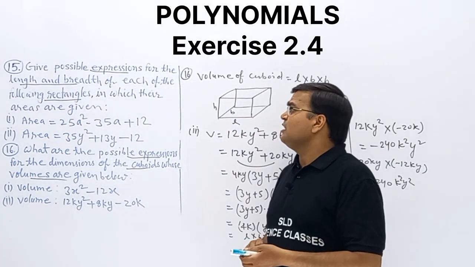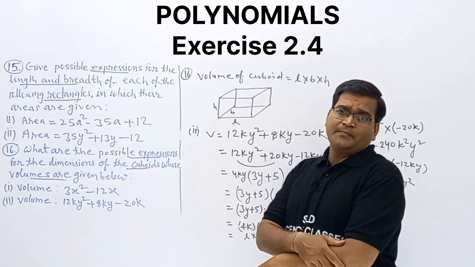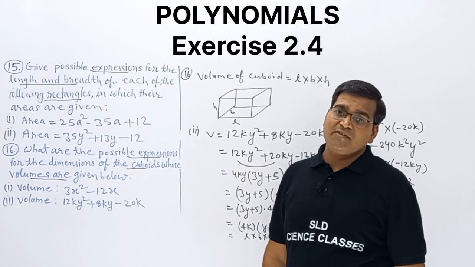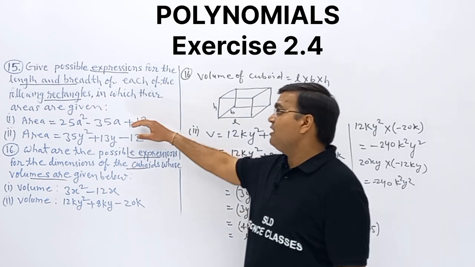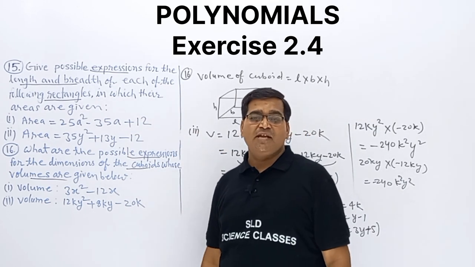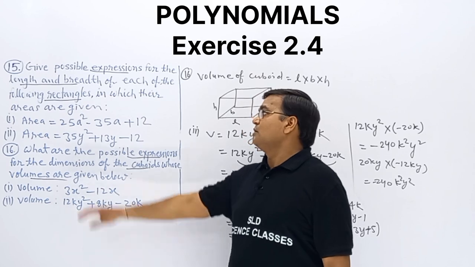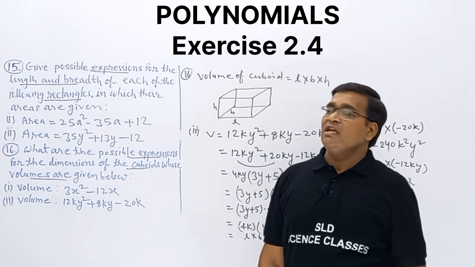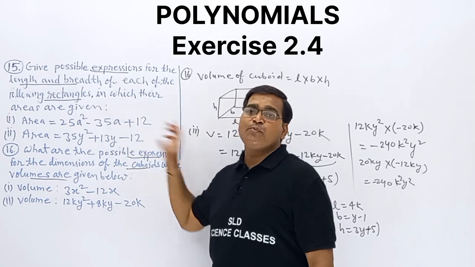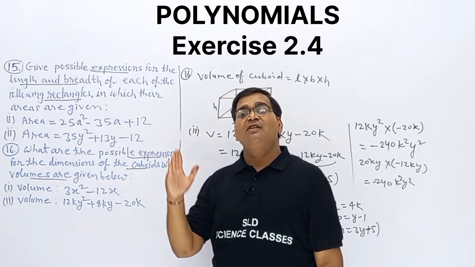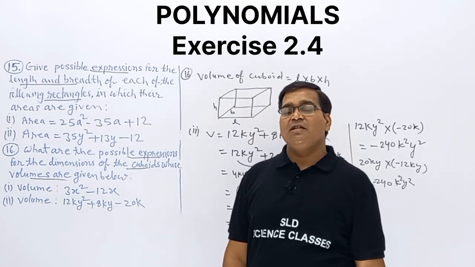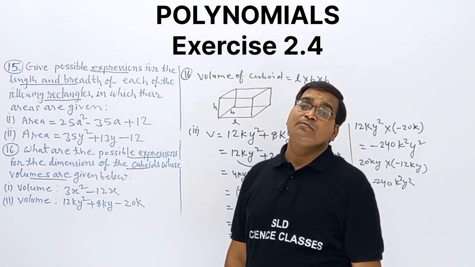Question number 15 is an area-based question, in which we have area in terms of algebraic expressions. We want length and breadth expressions. The area is in quadratic polynomial form, which means we get two factors. One factor will be the length and the other will be the breadth.